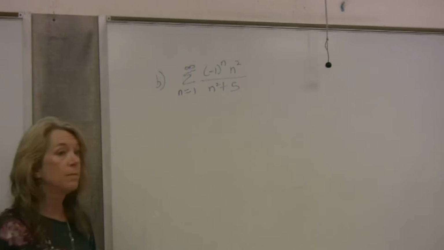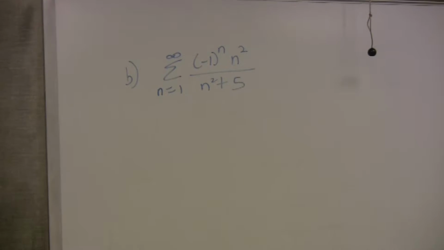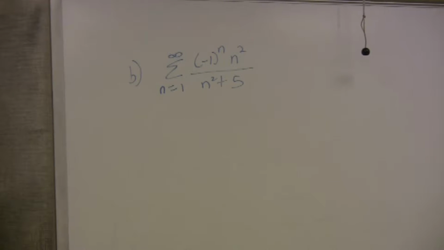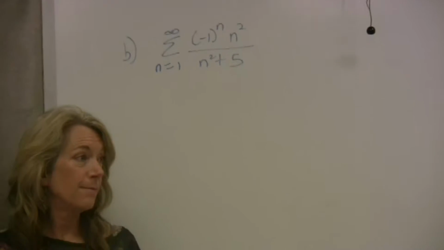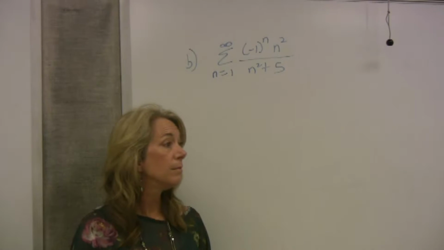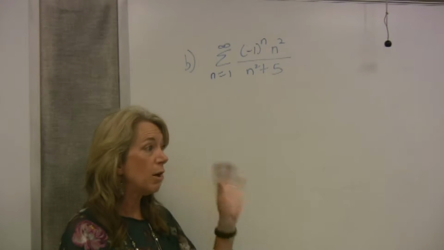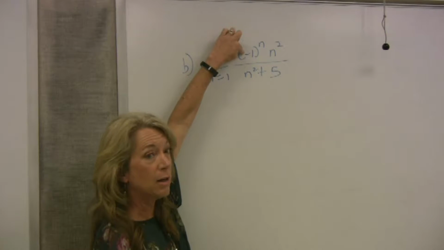What do I want to do? Yeah, separate the alternating part from the rest of it. So this is the part that makes it alternate right here, the -1 to the n.